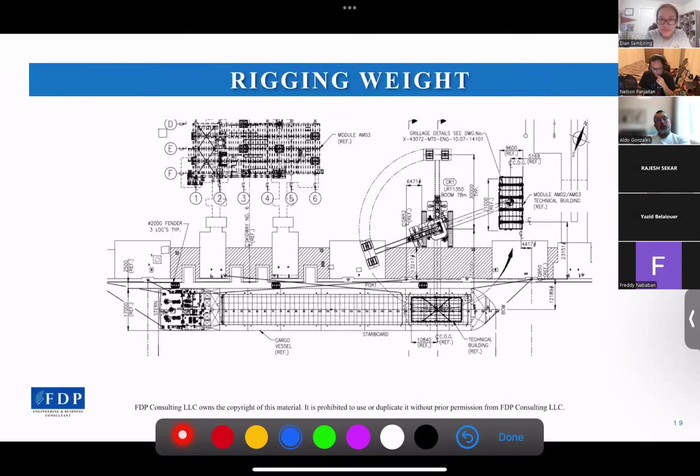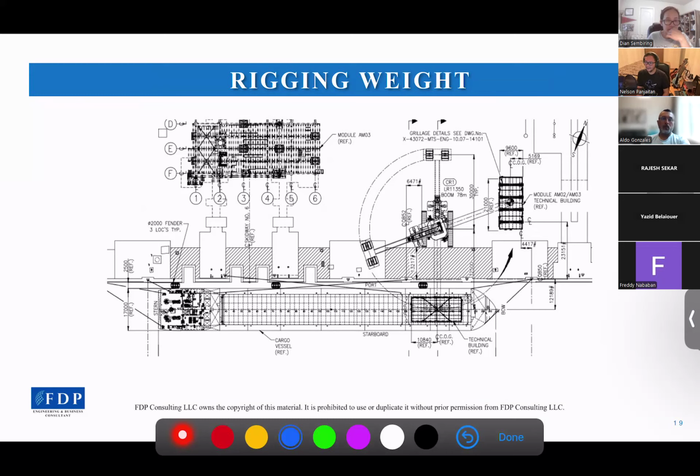No, this calculation about the gross weight is only about the load, so it's not about the COG of the crane. This is my reminder to everyone. The calculation is talking only about the load. It's not about the crane. It's how much each crane will be lifting at each point.